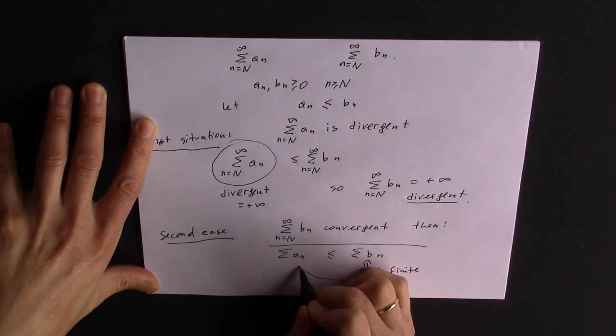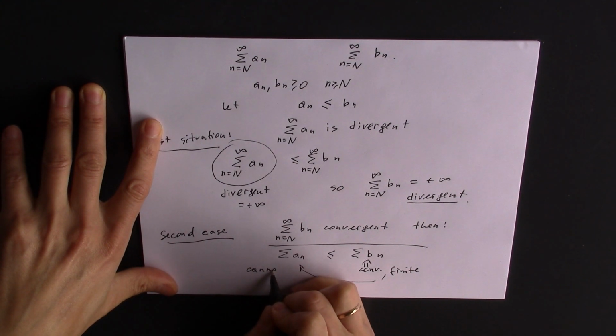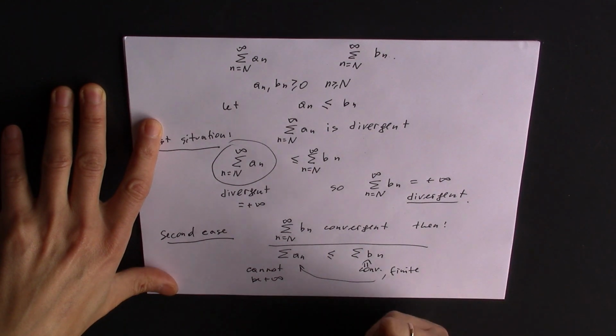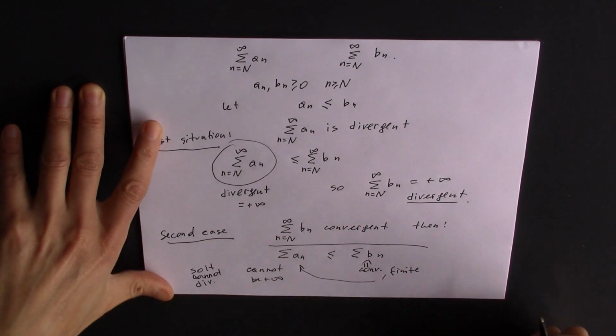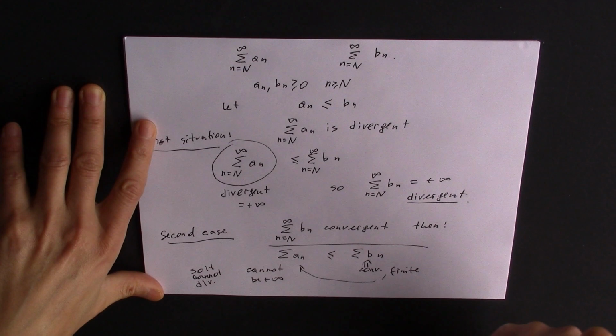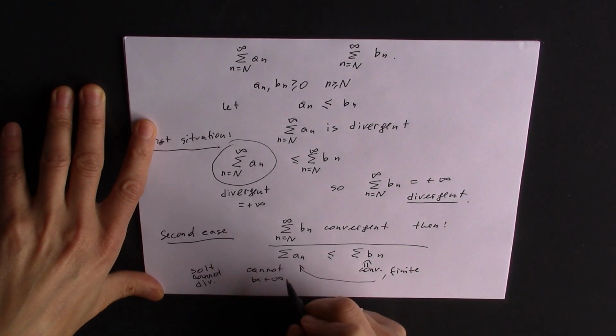So we conclude that the smaller series cannot be equal to infinity, and because it cannot be equal to infinity, it cannot diverge. It better be convergent.